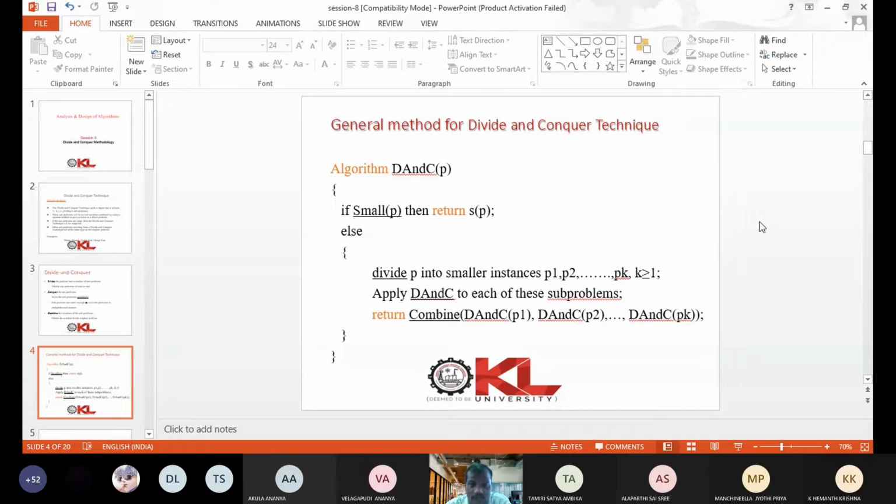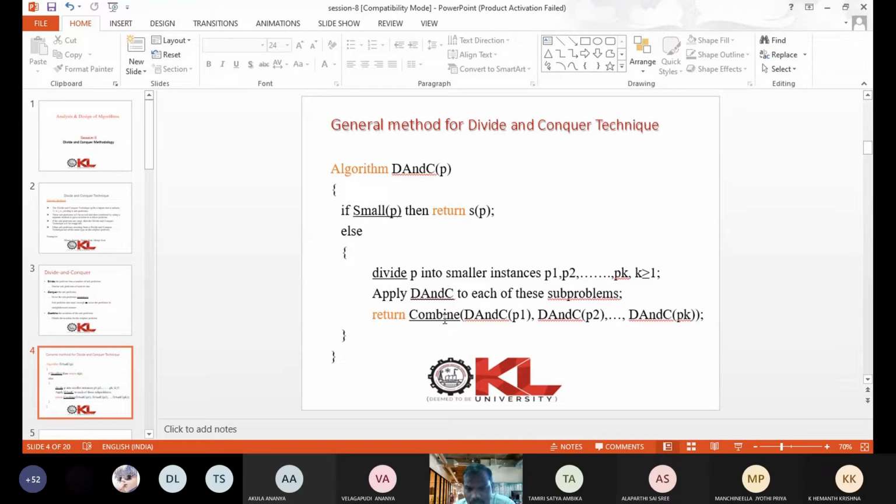So the flow of the technique can be explained by using these functions Small, Combine, etc. The purpose of Small is to check whether the problem is big or small. As users, we just know its purpose. Similarly, Combine combines the solutions of the subproblems to get the solution for the original problem.